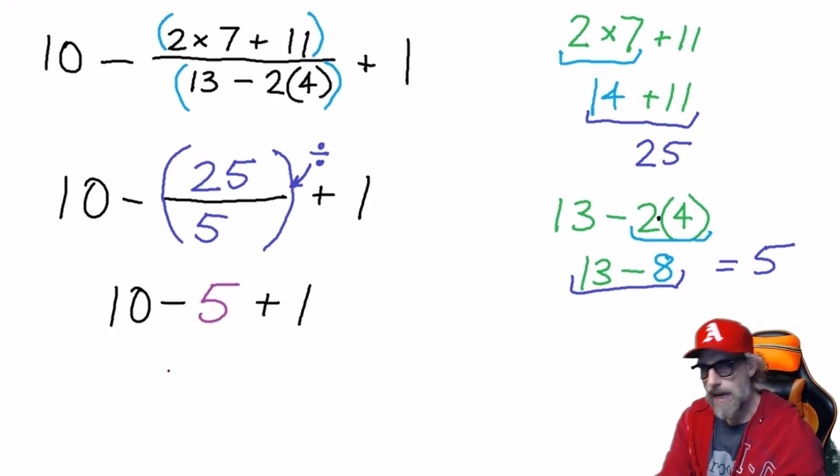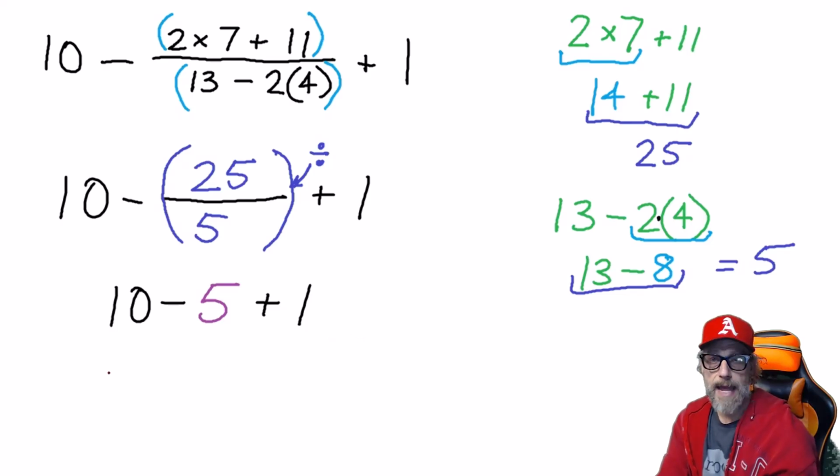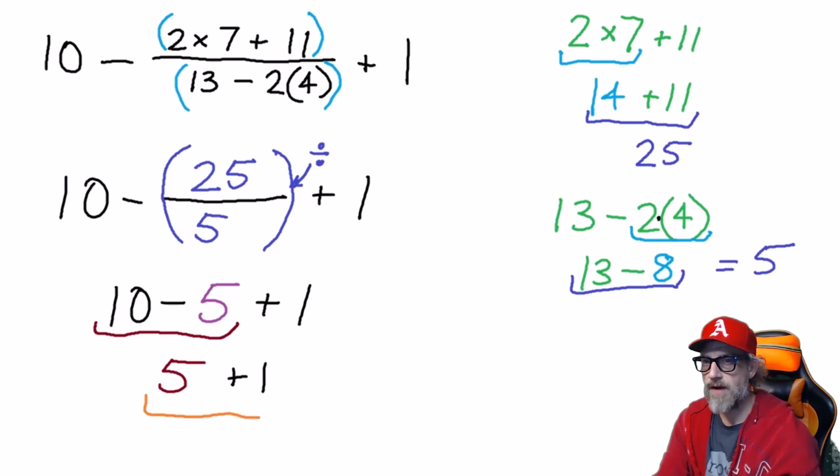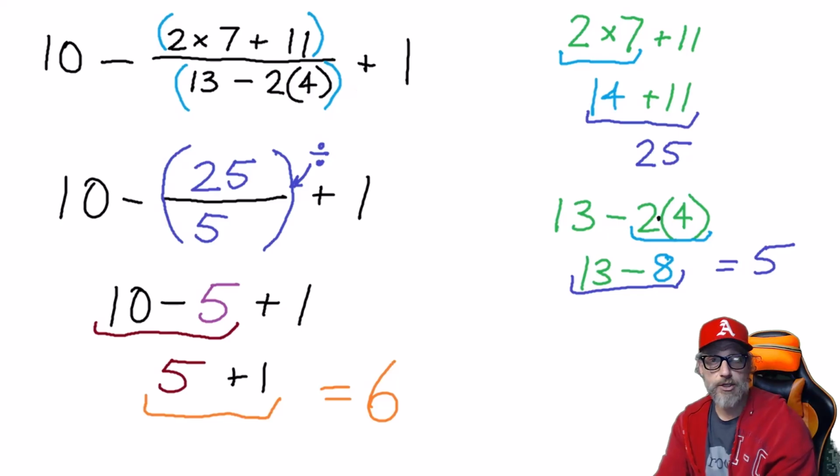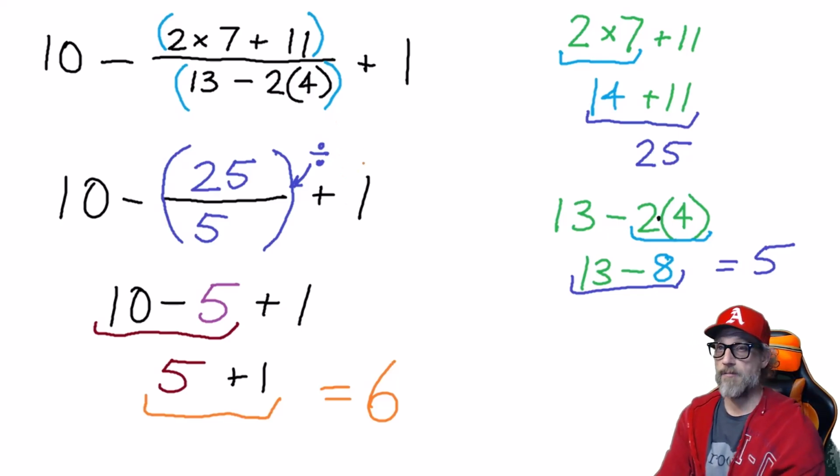Okay, groups done, exponents done, multiplies, divides, all done. Adds and subtracts, going left to right. So first is this subtract, 10 minus 5 is 5. And then we have plus 1 to give us this final answer of 6. So there's our strategy for doing fractions, putting them in the grouping category and prioritizing them up front.